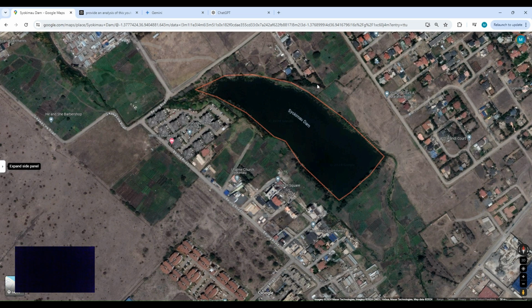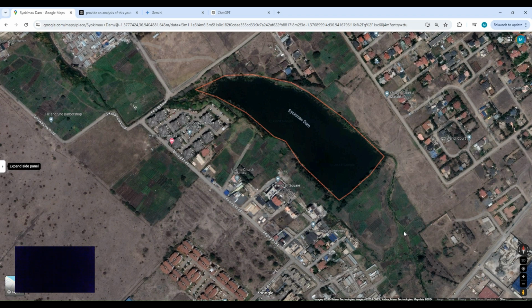The initial video basically looked at the outlet and it showcased how this water goes downwards and joins Mbagathi River. If you haven't seen that video, please make sure that you go and watch it and understand why flooding happens in these areas.